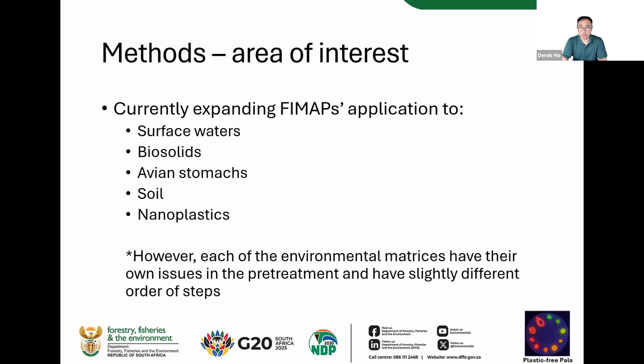However, because all these environmental matrices have different turbidity, there's a different order of pretreatment that has to be done with these samples. But we're still using Fenton oxidation and now Nile Red staining.